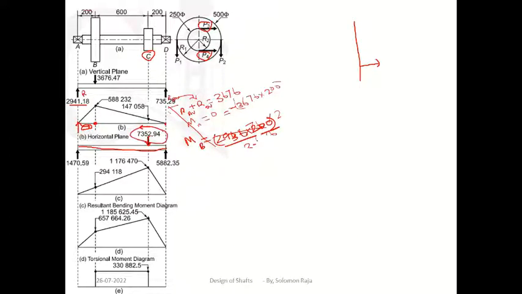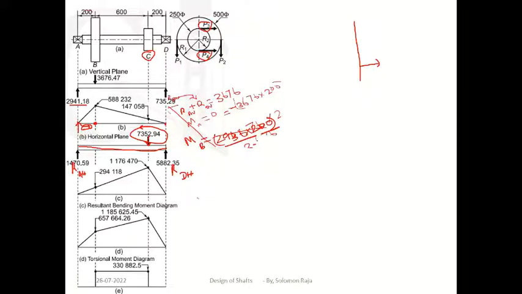7352. Now we have to find out this RDH value and RAH value. RDH value, RAH value I have to find. The same method.